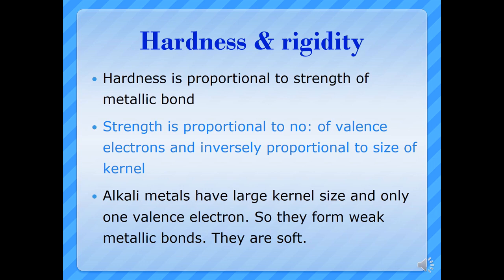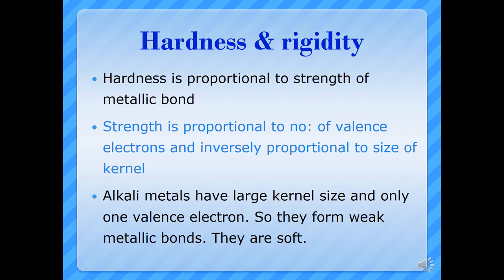If you take the example of alkali metals like lithium, potassium, etc., we know they are metals, but they are very soft metals because we can even cut them with a simple knife. This is because alkali metals have a large kernel size, and when the kernel size increases, we have already seen that the strength of the metallic bond will decrease. Also, there is only one valence electron in the case of alkali metals.